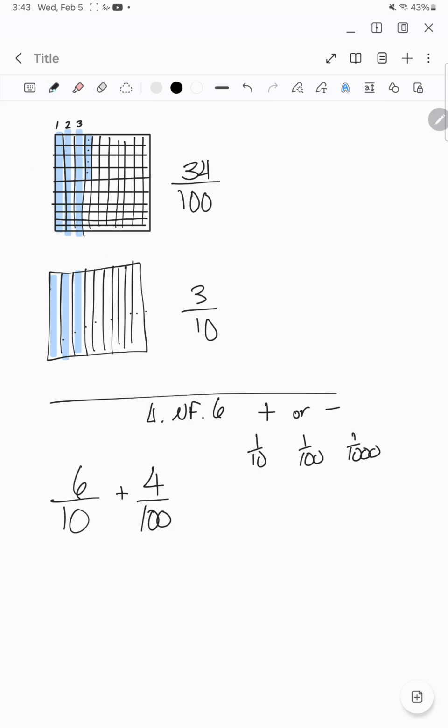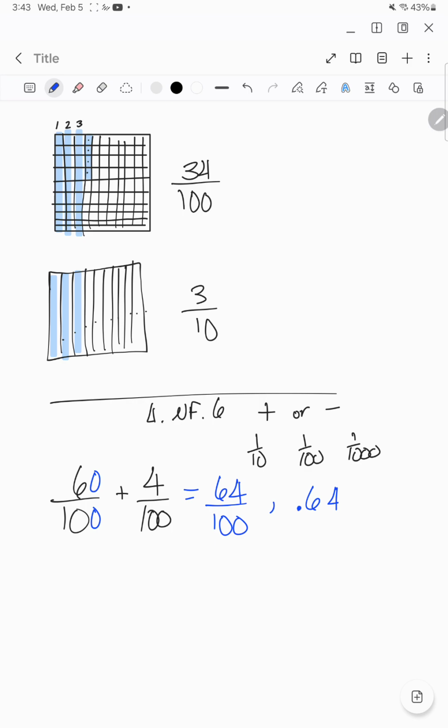So when I stick that extra 0, that means I'm able to go ahead and fluently add. And the denominator is going to stay the same. And 60 plus 4 is 64. And you know as a fraction, decimal, the answer would be 0.64, 64 hundredths.